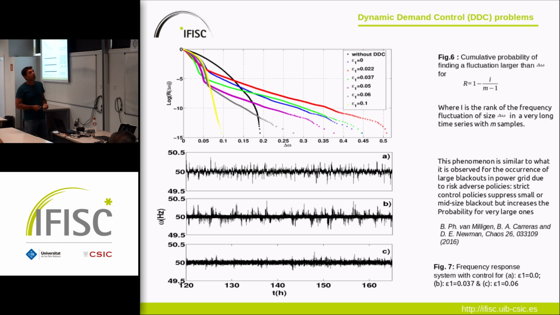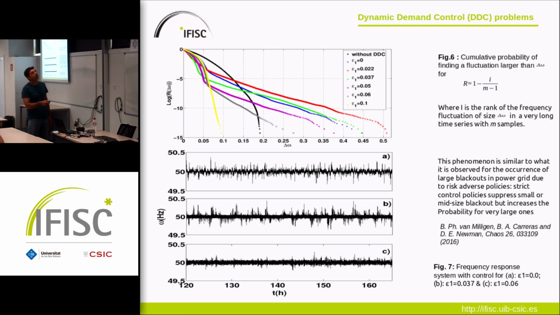And as a matter of fact, this is the problem. Here I'm plotting the cumulative probability of having a frequency fluctuation larger than delta omega. The stochastic case is the black line. This is in log scale, okay?